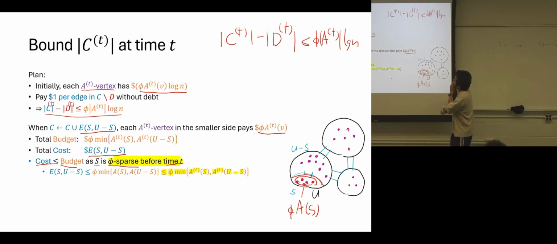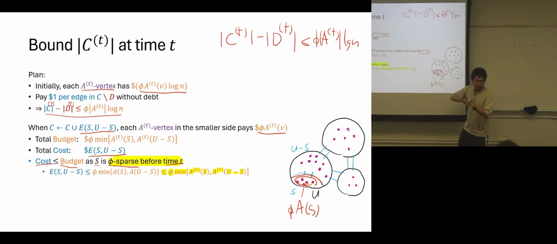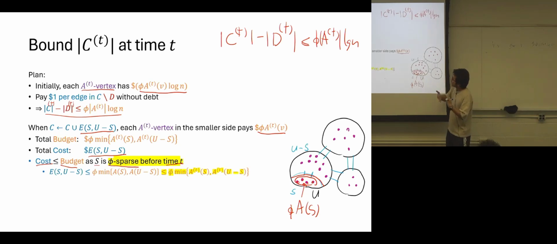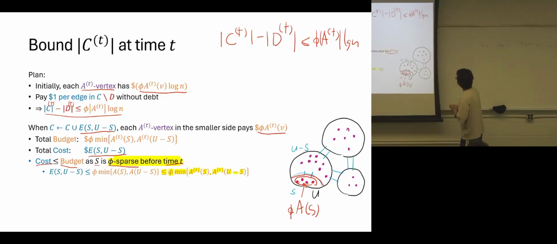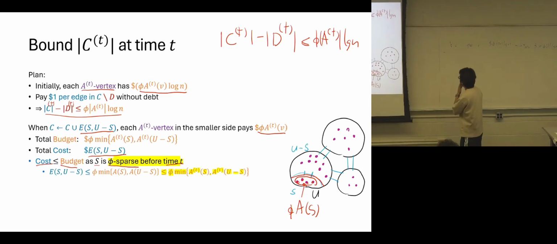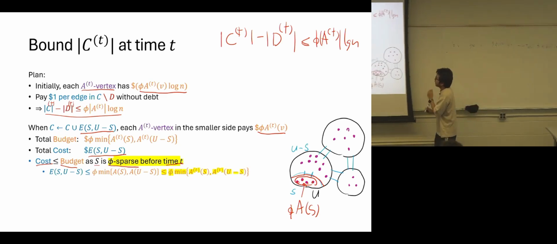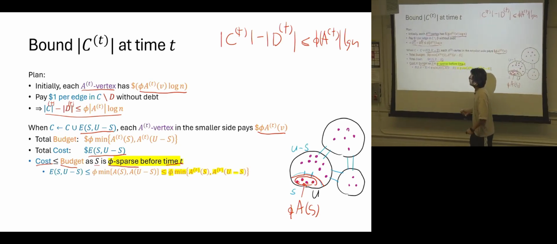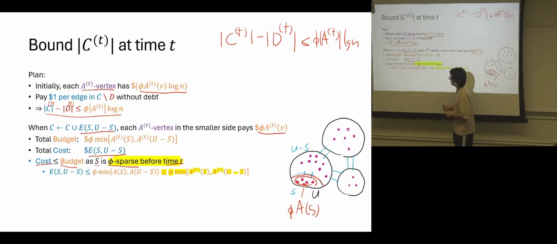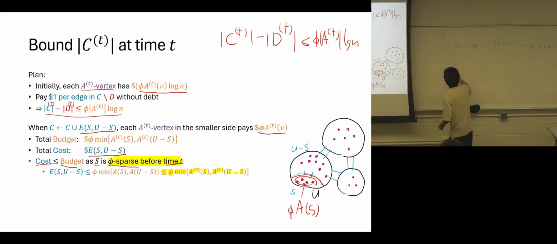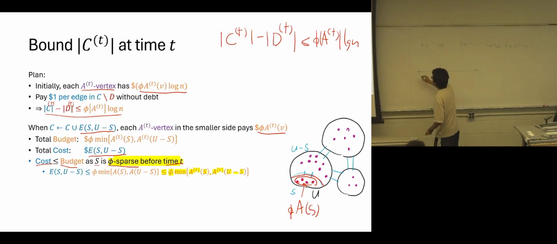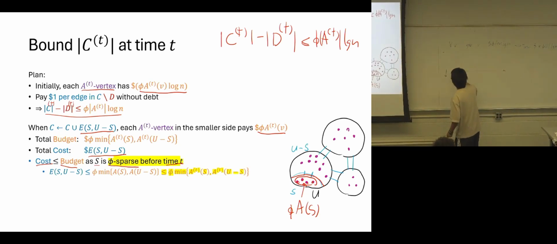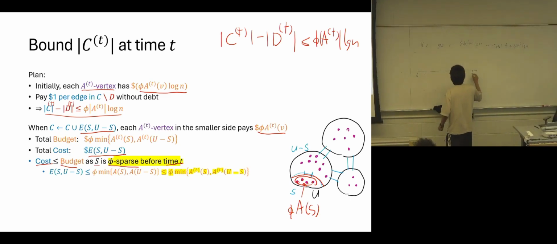But what I'm going to do is imagine that I run my algorithm from scratch, from the beginning. Think of this as a timeline starting from time 0, time 1, up to time t.